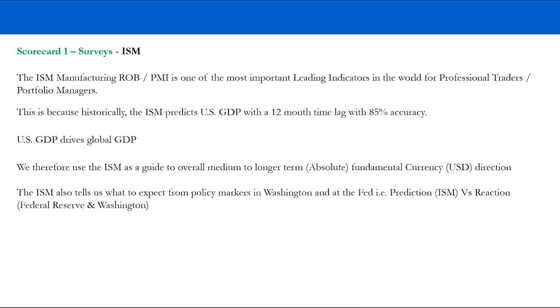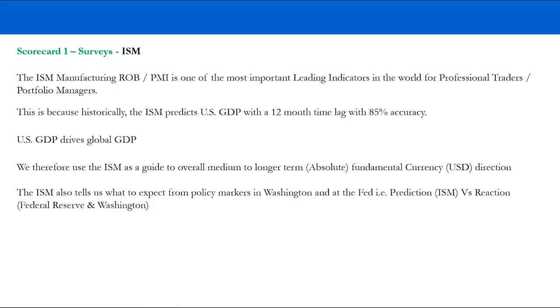But the ISM also tells us what to expect from policymakers in Washington and at the Fed. So at the government level and at the Fed. So the ISM is basically one of the main predictors to predict the coincidence indicators and how the Fed and government will react with policy. So it's very, very important to our analysis.